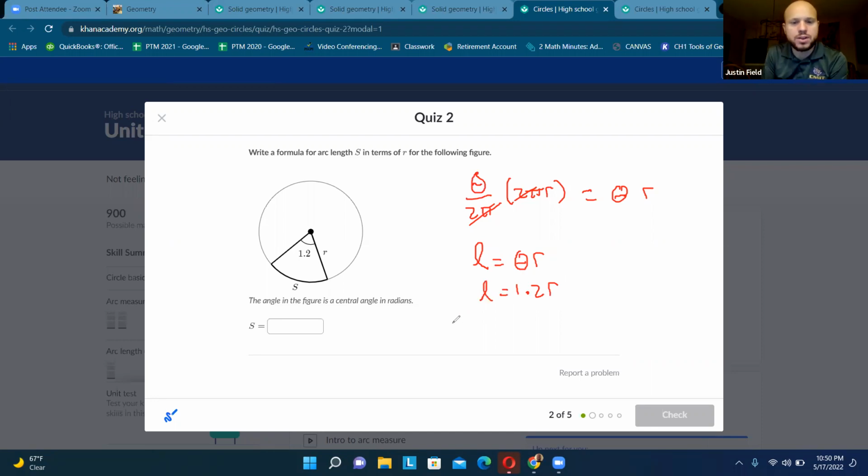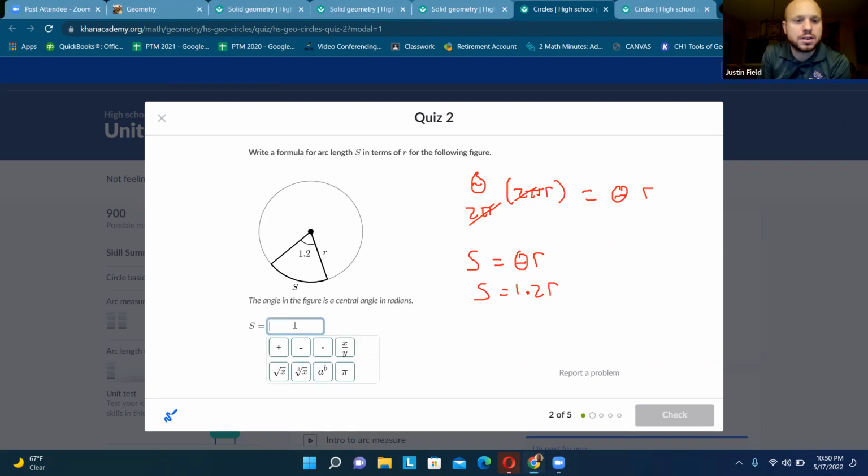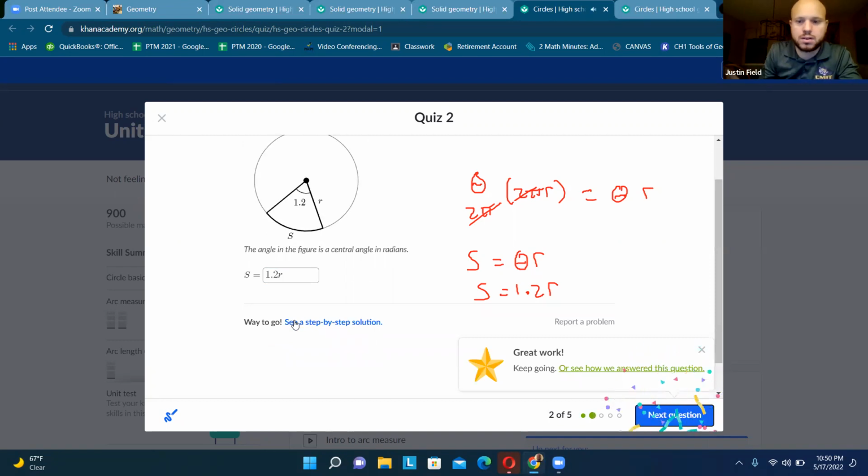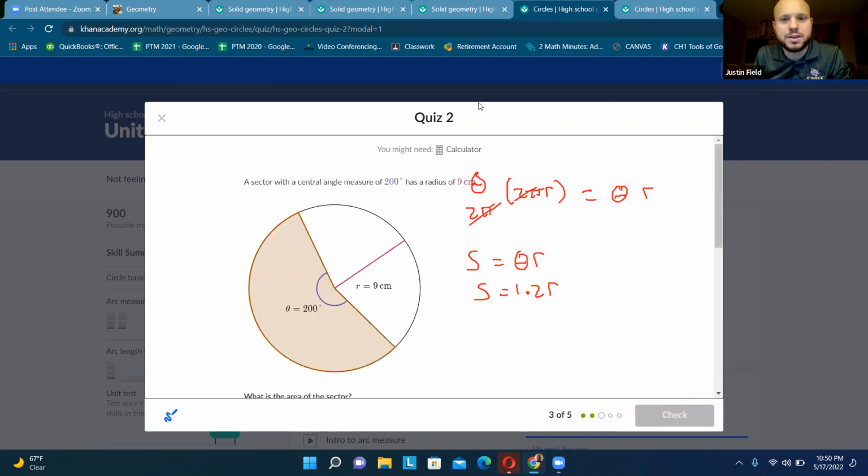We want to write it in terms of S, and S is our arc length. Oh, I guess I can't use L. Well, that was easy. Did more work than I had to.